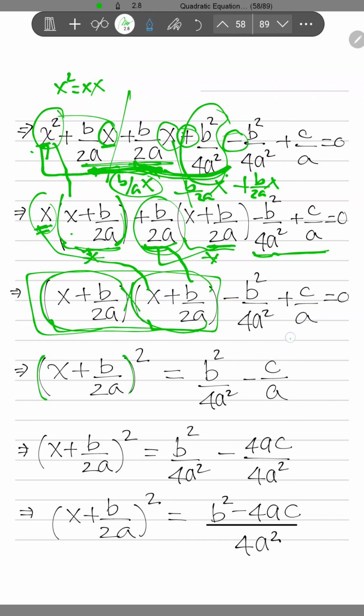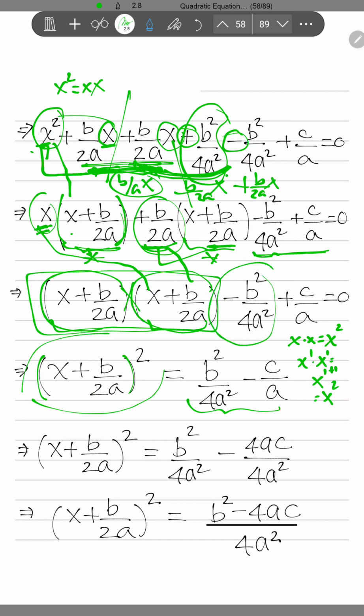It simply means x times x is equal to x squared, because x to the power of 1 times x to the power of 1 is equal to x to the power of 1 plus 1, which is x squared. So this one is x plus b over 2a, the whole square, is equal to, we still have the same thing here, minus b squared over 4a squared is negative, c over a is positive.